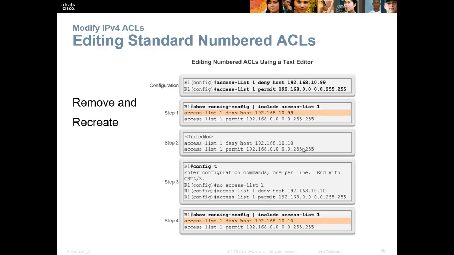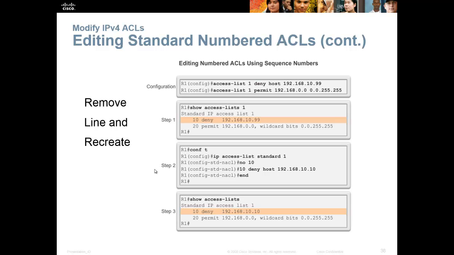So I might do show running, include access list 1, I make a copy of it, I put it into a text editor, and then I modify it the way I want to in the text editor. Then I go back to the router and remove it, and then I grab the copy from the text editor and I paste it over. That kind of thing. So there's no editing on numbered or standard numbered ACLs.